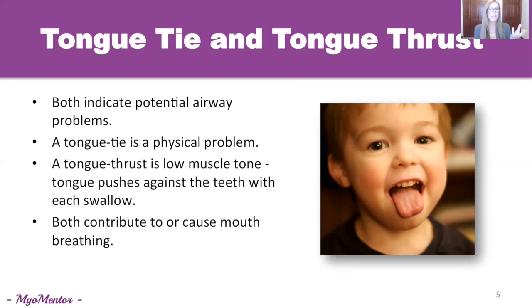The thing is, both contribute to the same problems and both affect the airway quite a bit. If you're tongue tied, it's really hard to get your tongue up in the roof of the mouth where it needs to go. It might be impossible. Because of that, people with tongue ties are more likely to rest with their lips apart and breathe through their mouth. Tongue thrusts are kind of the opposite. Usually a tongue thrust starts with a kid who can't breathe.